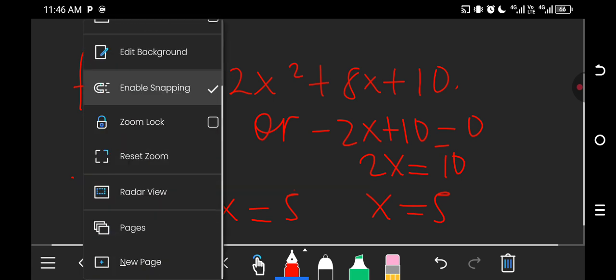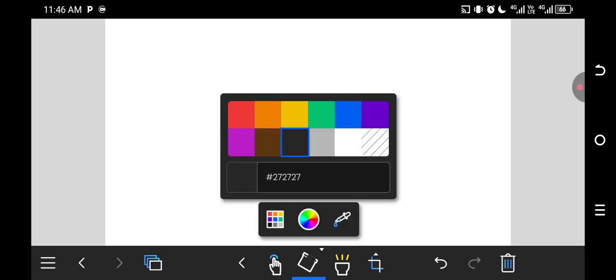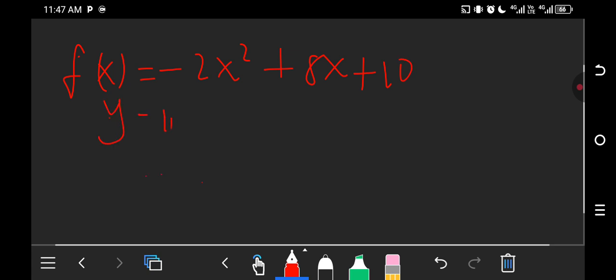Then let's find the y-intercept. To find the y-intercept, along the y-axis, x is equal to 0. So from the function which we had, f of x is equal to negative 2x squared plus 8x plus 10, for the y-intercept x is equal to 0.